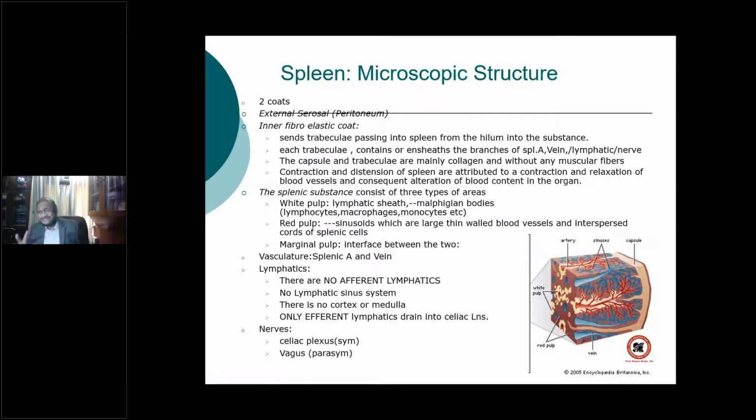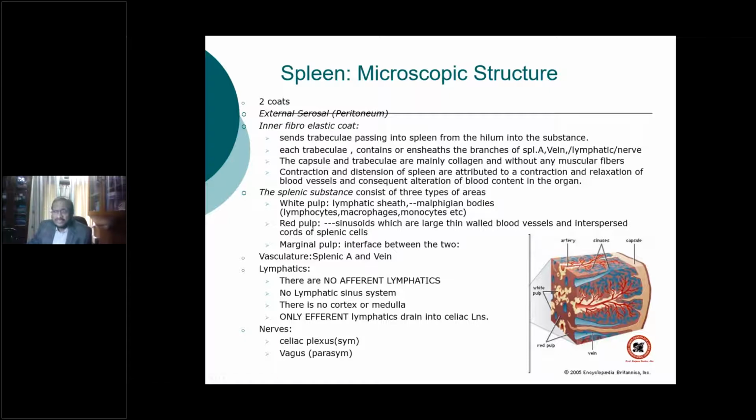So the size of the spleen varies depending upon the amount of blood. We're talking short term, not long term. Short term size decrease and increase is because of either dilatation or contraction of the vessels. Long term would be infiltrative, we'll come to that later. So the collagen capsule does not have any muscle fiber.